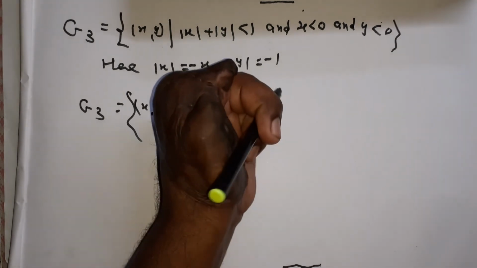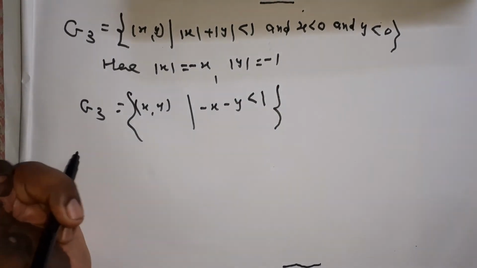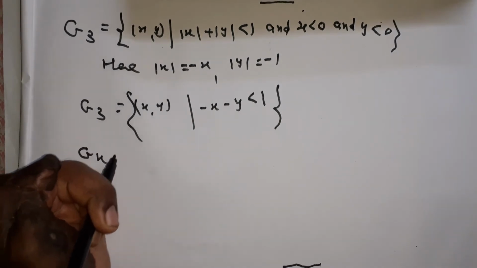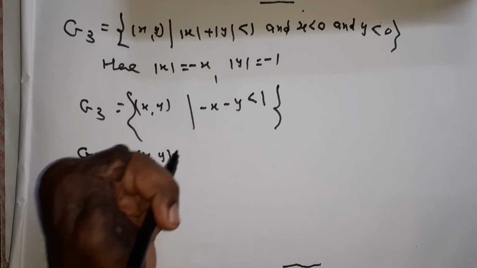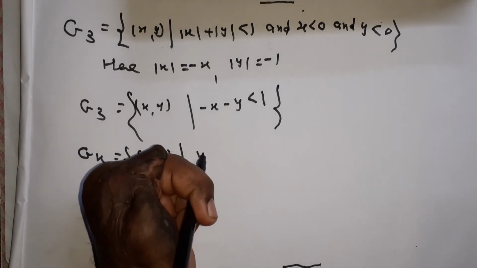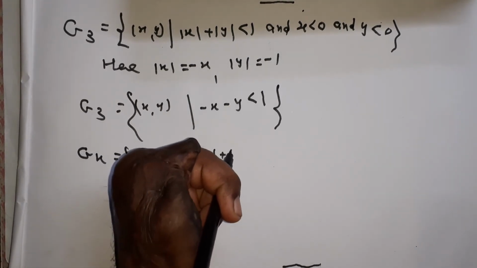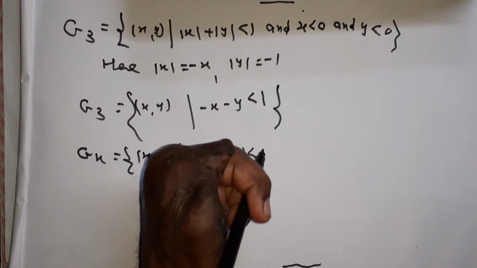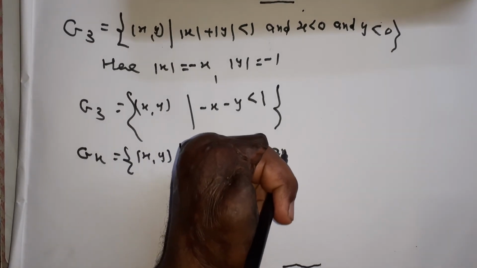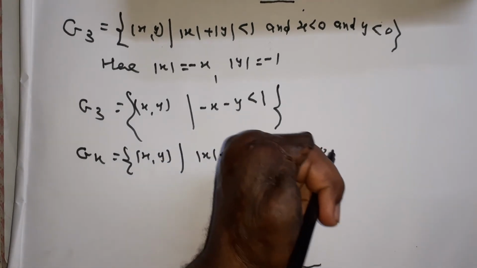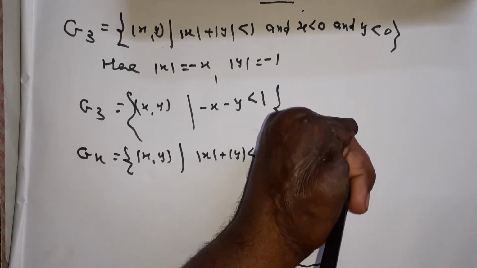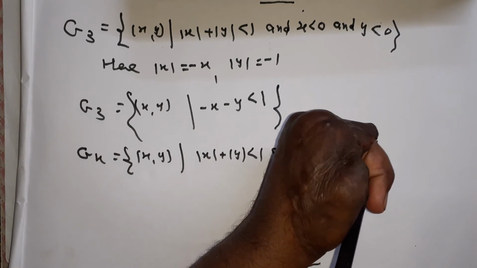Now G4 is the set of x comma y such that mod of x plus mod of y is less than 1 and x is greater than 0 and y is less than 0.